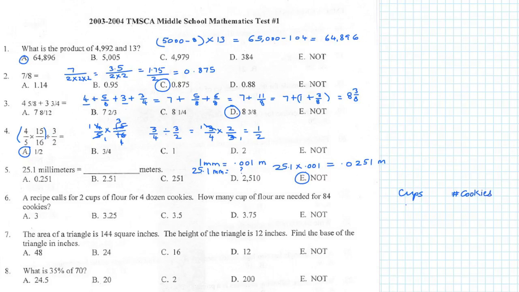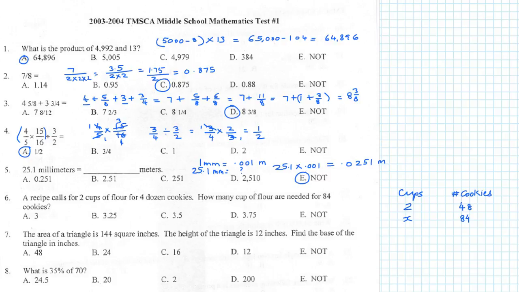So with 2 cups of flour, we can make 4 dozen cookies. So 4 dozen is 4 times 12, which is 48. So the question is, how many cups of flour are needed? So we'll call it X. X cups of flour are needed for 84 cookies. So we have to solve for X.